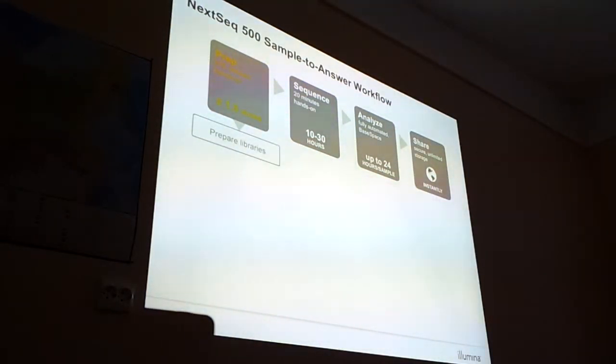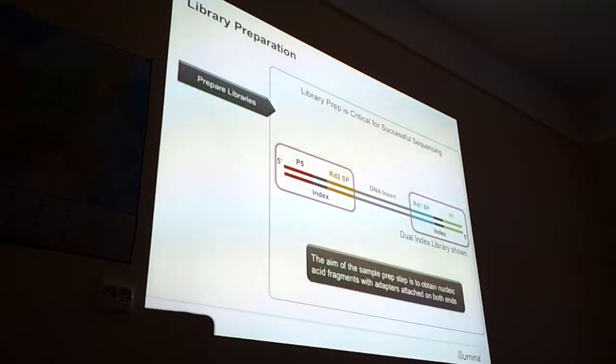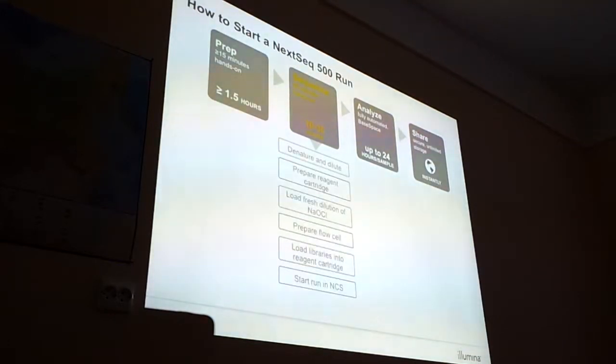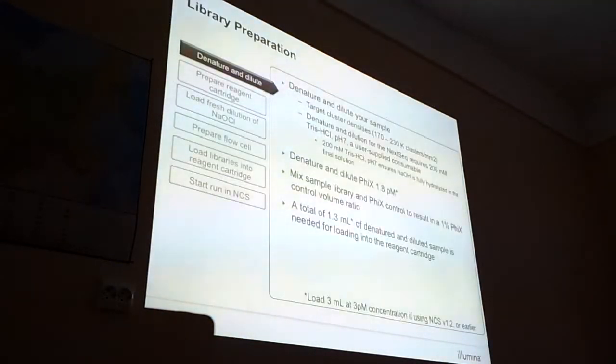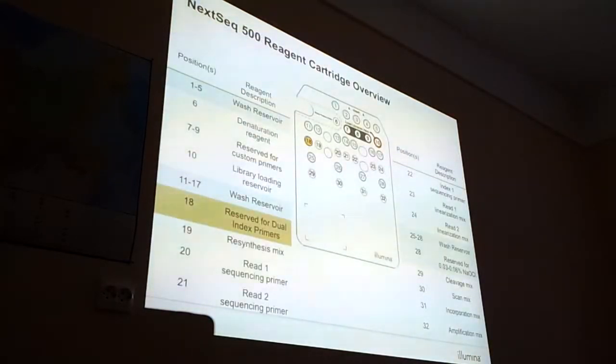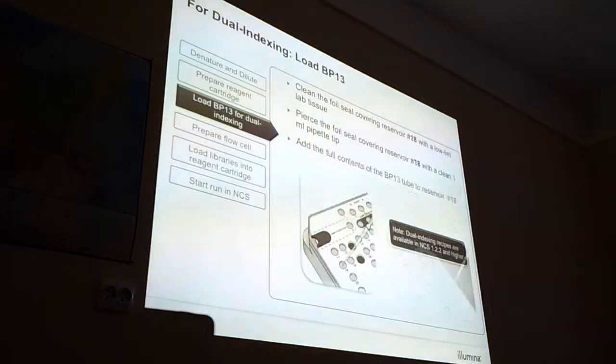standalone. Of course, you always need your library. This is what we had before. And then you do the same, you denature and dilute your library. This is all the same.